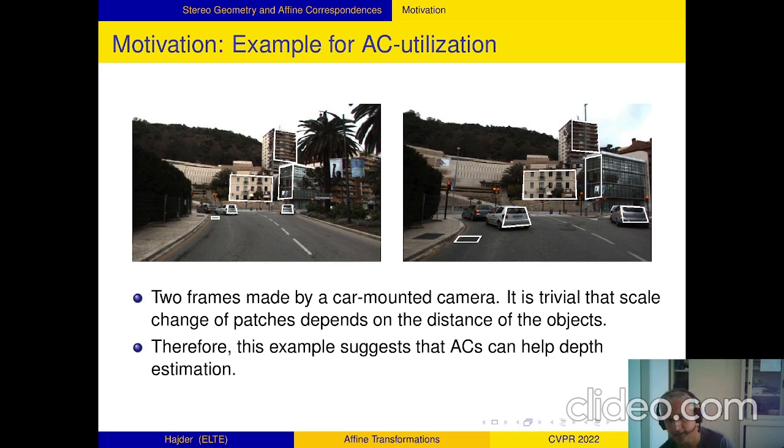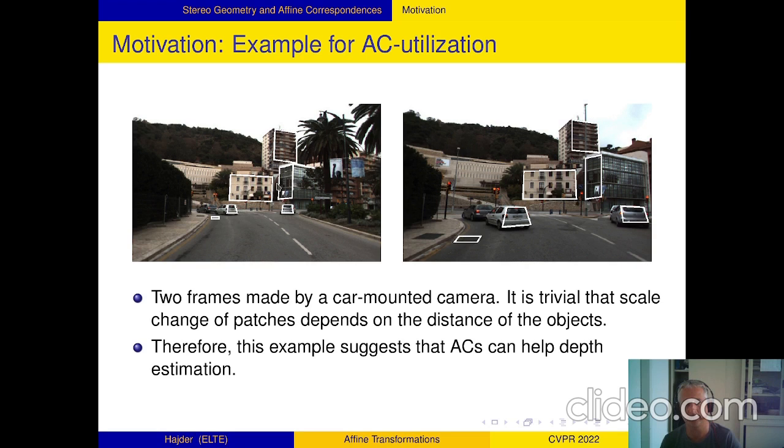And this example suggests that the scale of these regions, because the scale difference can be represented by affine transformations, of course, is more significant if an object is closer to the camera.